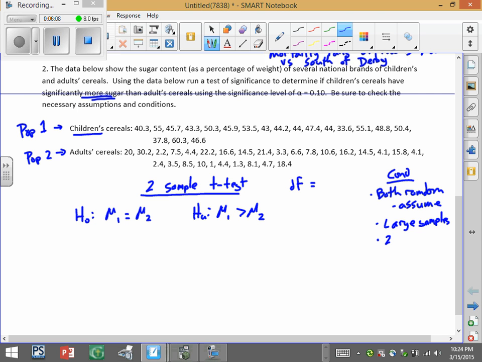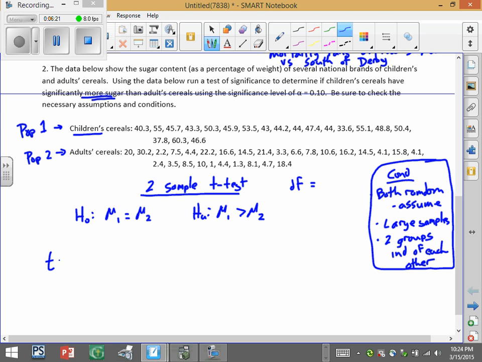And then the two groups are independent of each other. Kids' cereals should not affect the sugar content of adult cereals and vice versa. So I don't know what any of this stuff is, except I do know this is -0.